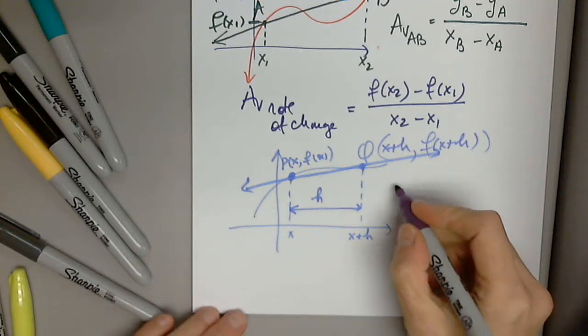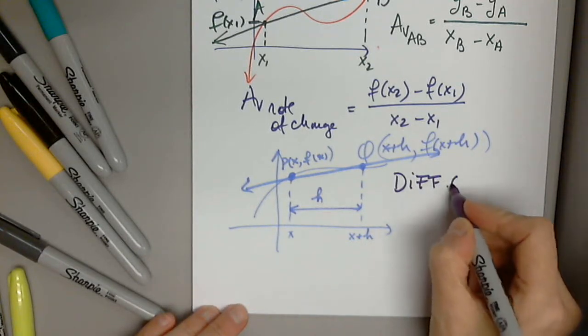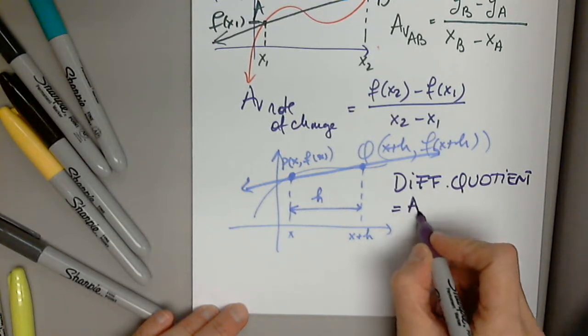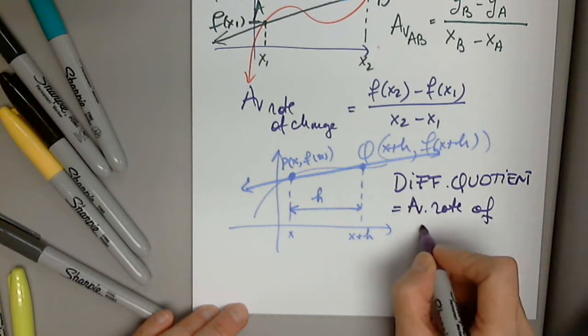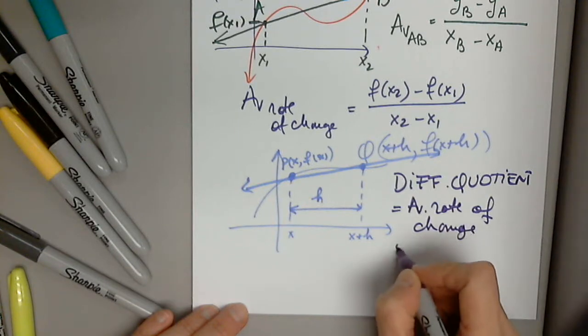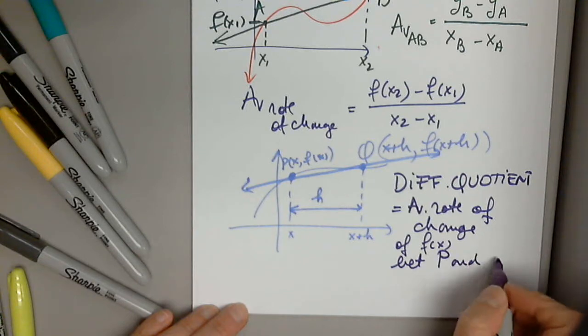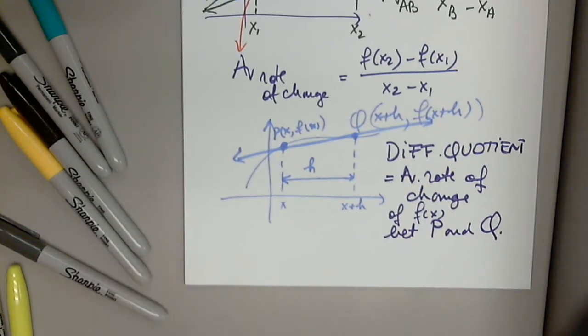So this is the difference quotient, which is the average rate of change of f of x between P and Q. And you'll see, hopefully today, what we are going to do with this. So let's practice from page 123, 124.